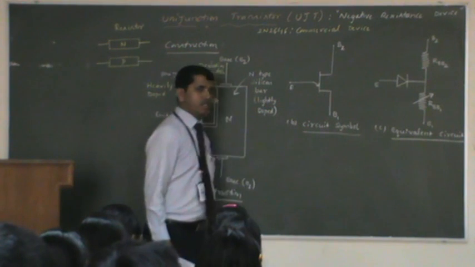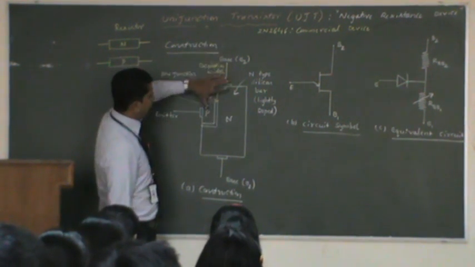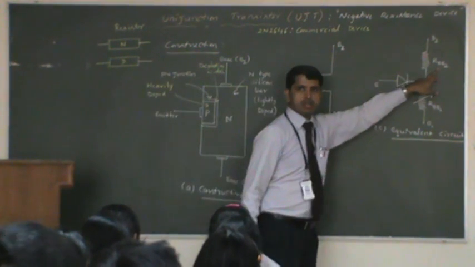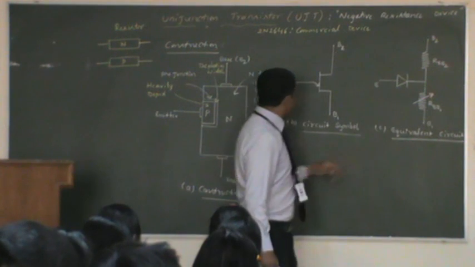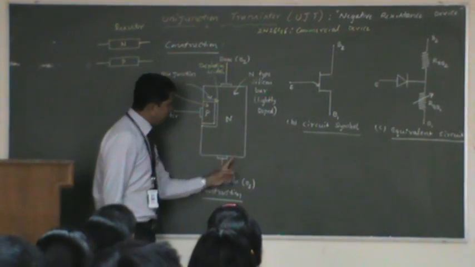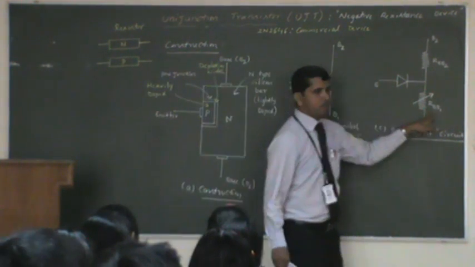RBB2 corresponds to the resistance between this PN junction and the base B2. In between this layer, whatever resistance is offered is shown as RBB2. Similarly, the resistance offered between this PN junction and the base B1, this complete material, whatever resistance it offers to the current flow, is shown as RBB1.